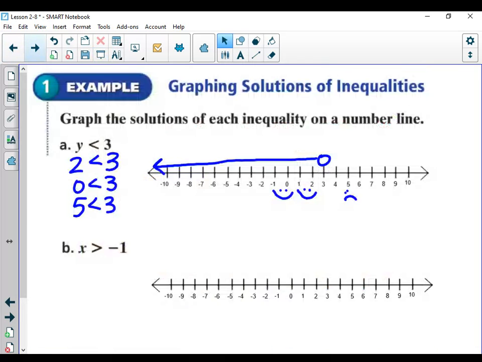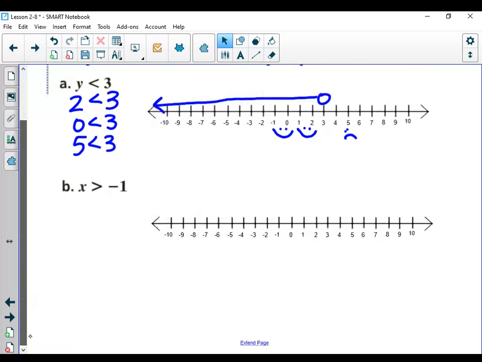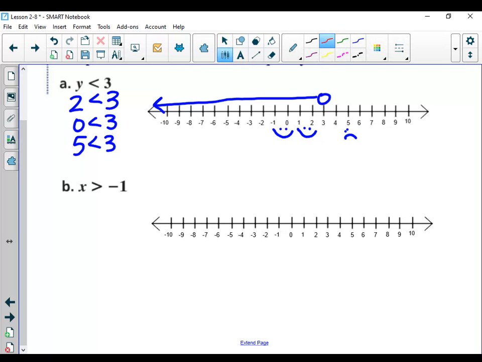Next one on our notes. X is greater than -1. So I'm picking some numbers that X could turn into. Well, is 7 greater than -1? Yeah, that one worked. Is 5 greater than -1? Yep, that one worked. Is -10 greater than -1?